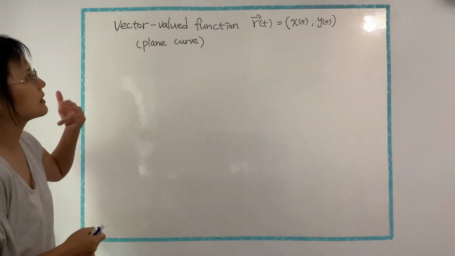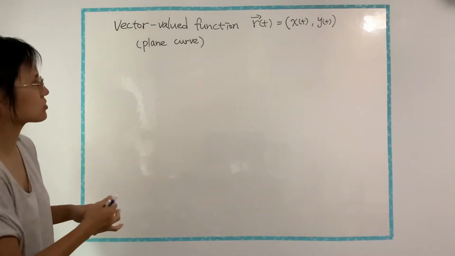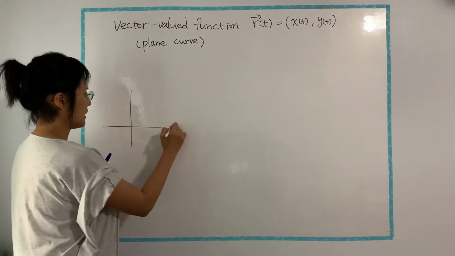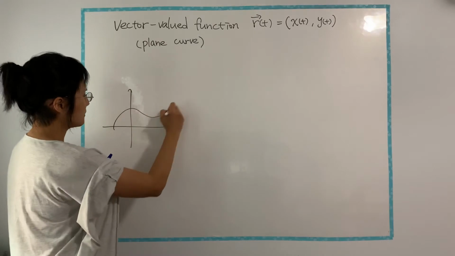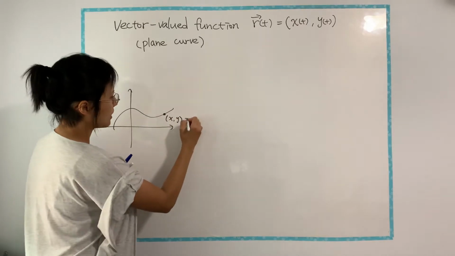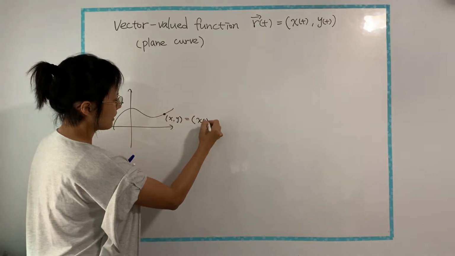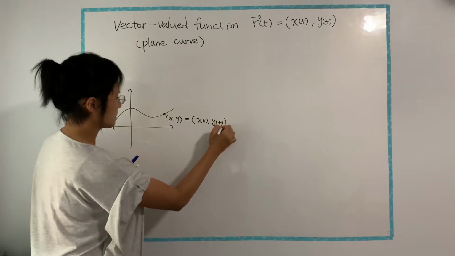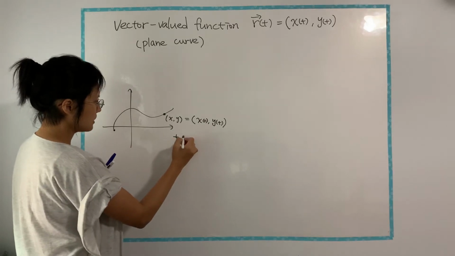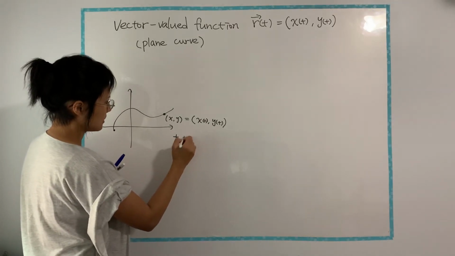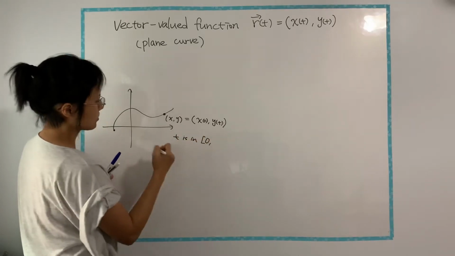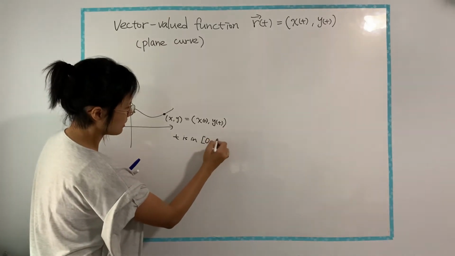We learned what parametric equations are. So if I have, on the plane, a curve where its x-y coordinates are being described by a parameter t, for example, from t in the interval 0 to 1.